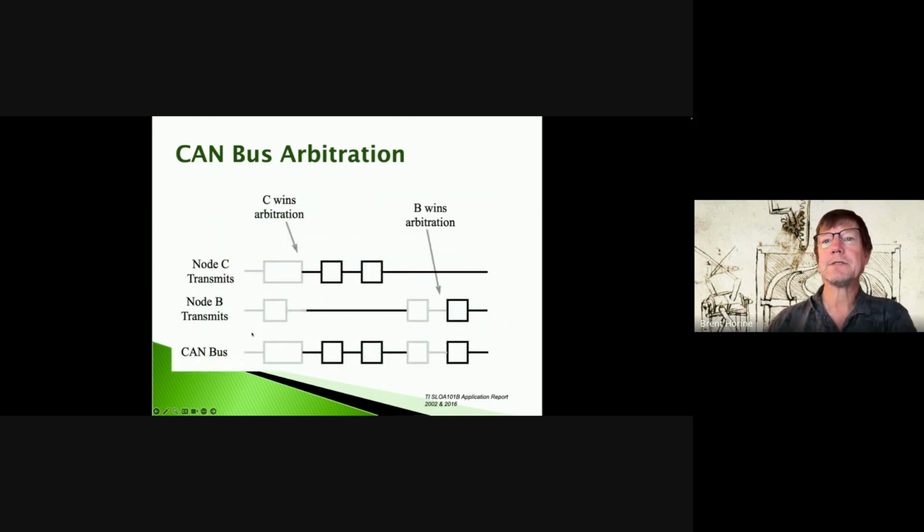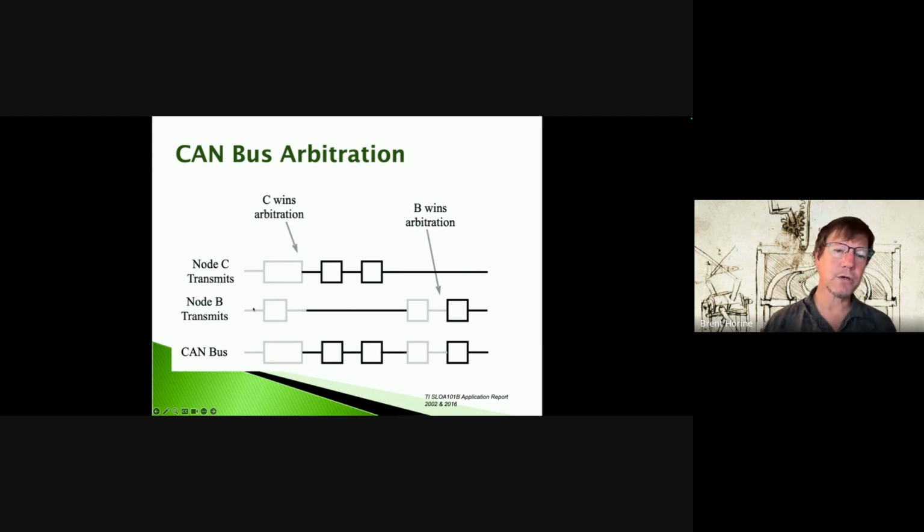So here's the example of two different nodes trying to talk at the same time. Node C is starting to transmit, node B is starting to transmit, and this is the arbitration bits that we're sending, and the nodes with the higher priorities have more actives in their arbitration sequence, right? It's part of their ID, their identification.